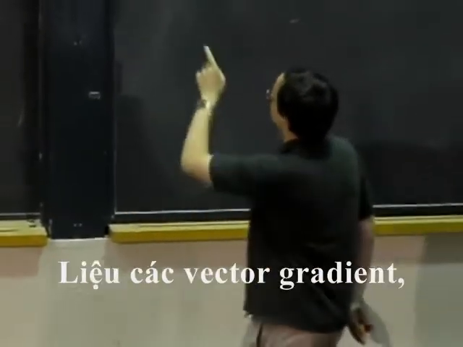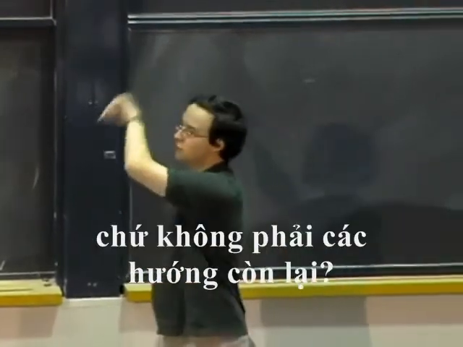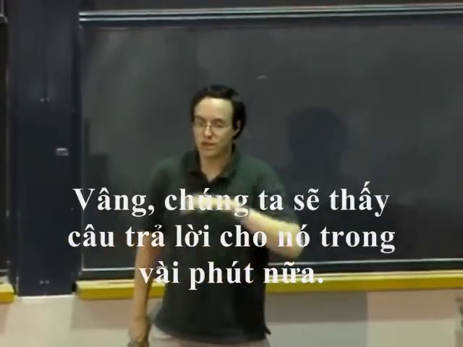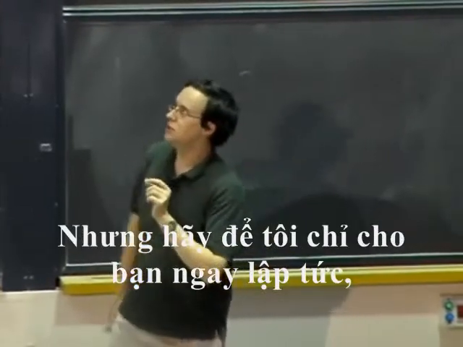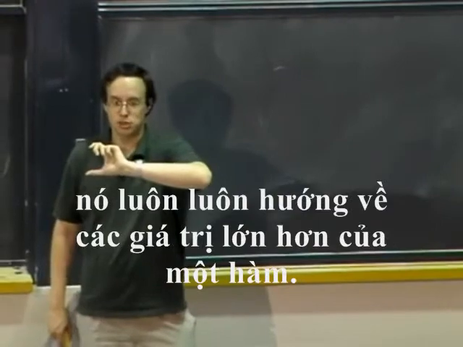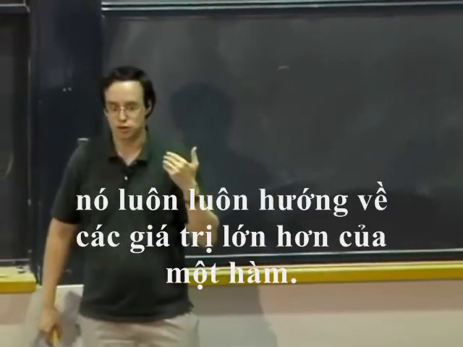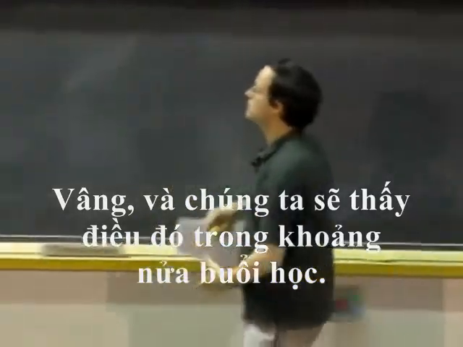Very good question. Why is the gradient vector perpendicular in one direction rather than the other? So we'll see the answer to that in a few minutes, but let me just tell you immediately, to decide which side it's pointing to, it's always pointing towards higher values of a function. Okay, and we'll see that maybe in about half an hour.